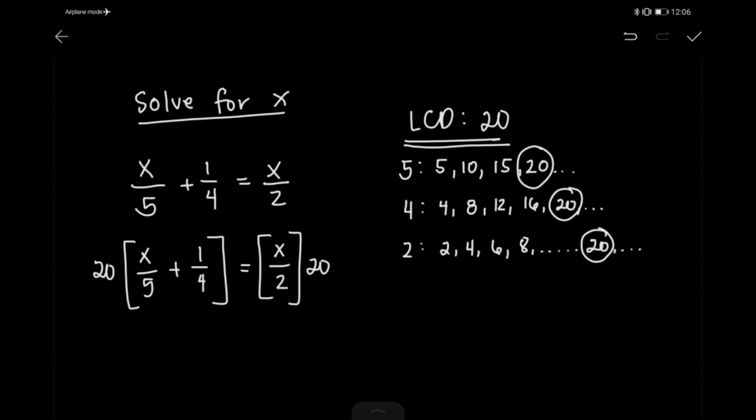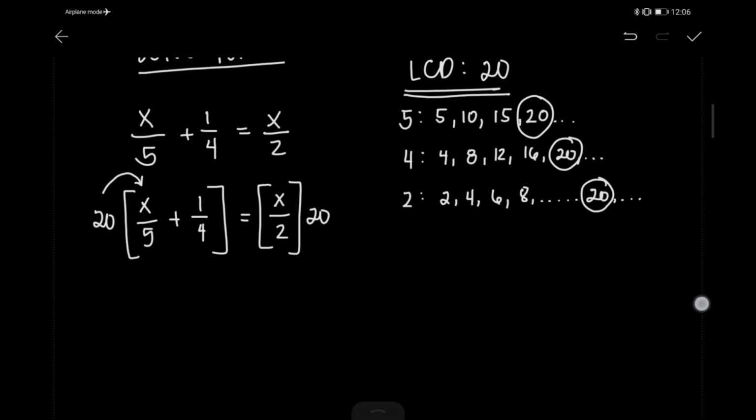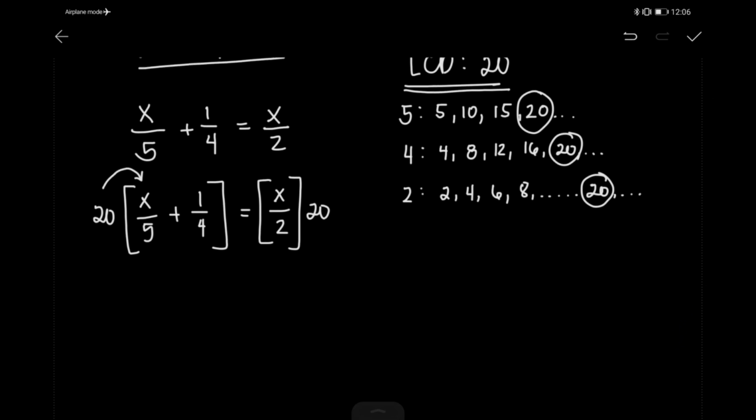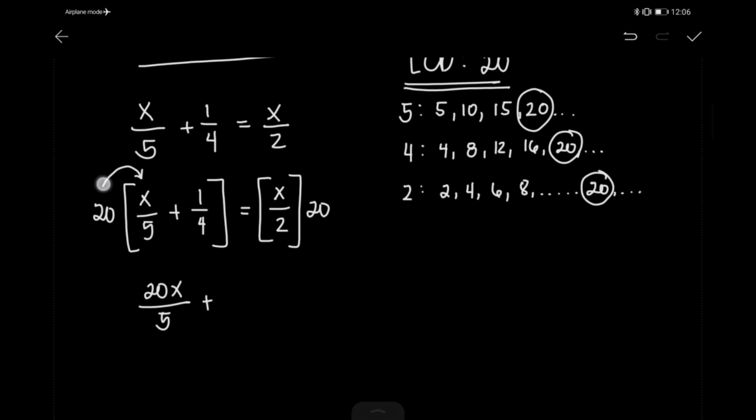This time, let us use the distributive property. We have here 20 times x over 5, which will become 20x over 5, then plus 20 times 1/4, which will become 20 over 4.